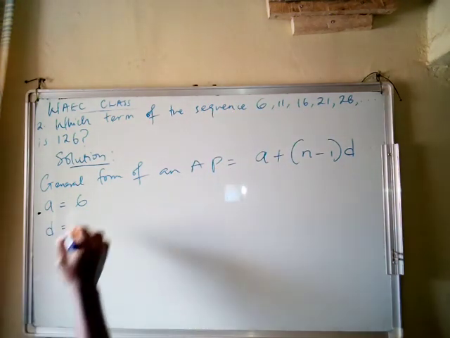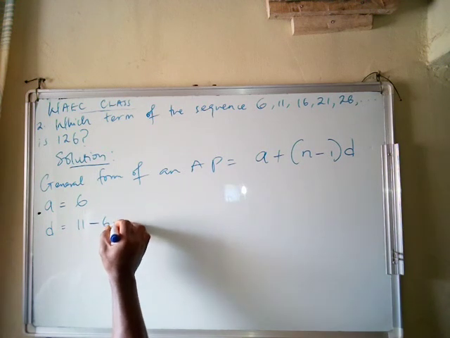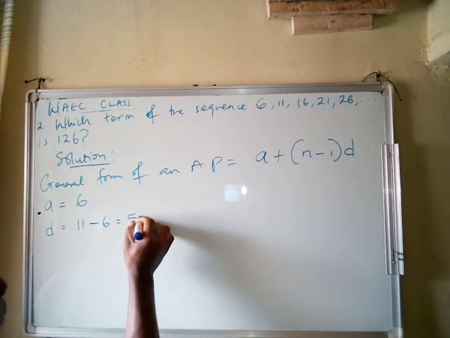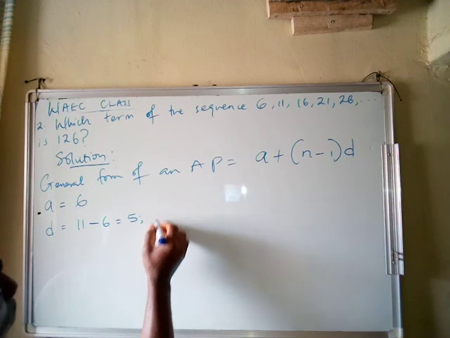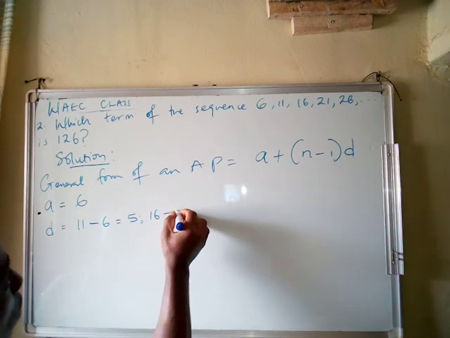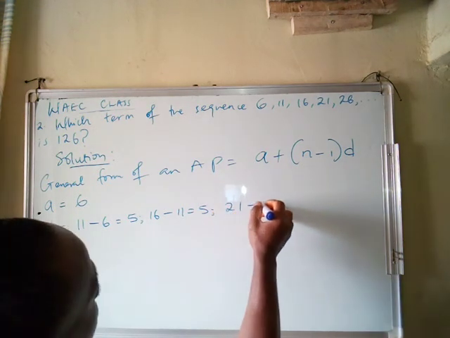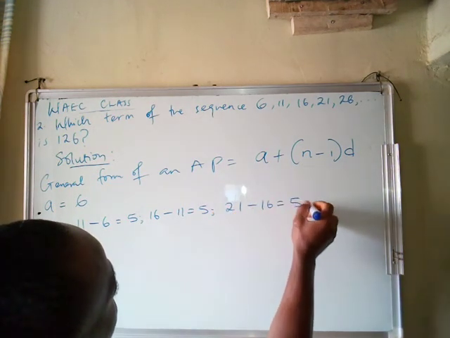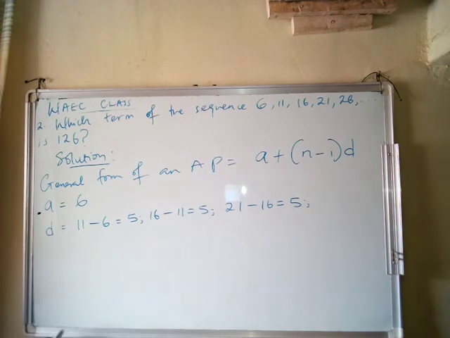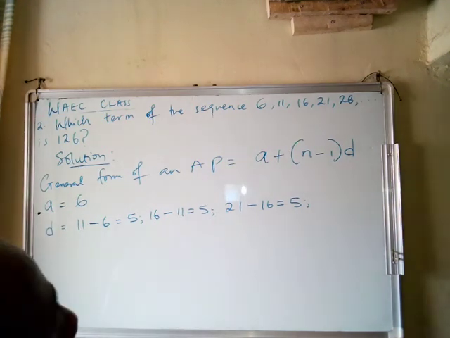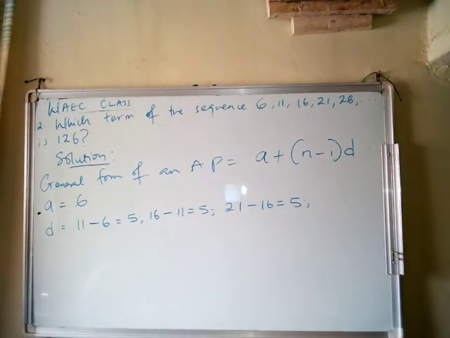So you have 11 minus 6 is 5. 16 minus 11 is also 5. 21 minus 16 is also 5. So it continues. Once you get 5, then it means that's the common difference. Okay?